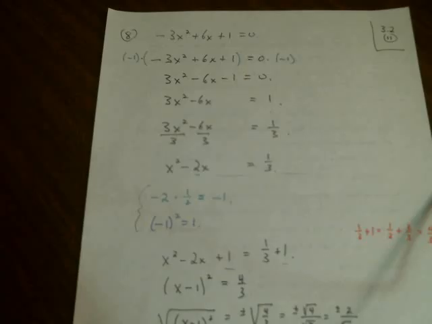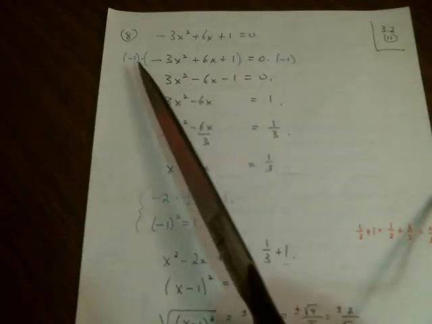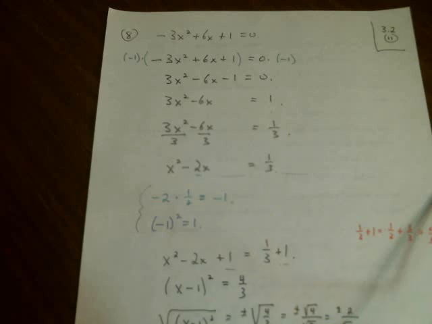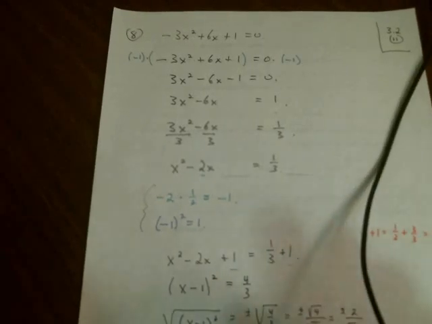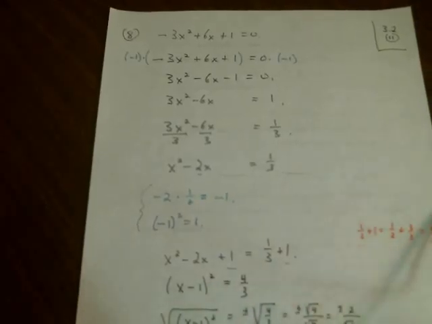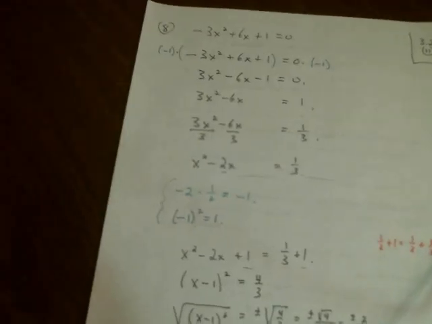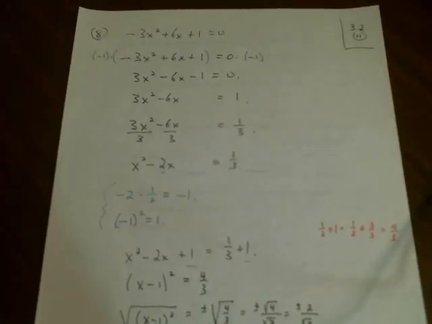Okay, and you can do that by multiplying both sides by negative 1. It's worth it. Getting the leading coefficient to be positive will avoid a lot of nasty problems later on. So that's what I do here.